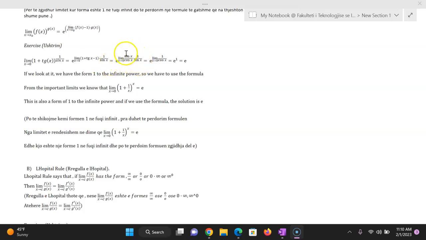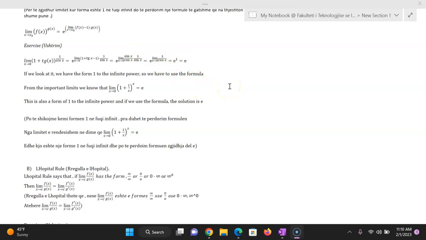Here the sine of x cancels out and we end up with e to the power of the limit when x approaches 0 of 1 over the cosine of x, and we put the value of x equals 0 in the cosine, we'll have 1 over 1. And this is equal to e to the power 1, or simply e, the Euler number.